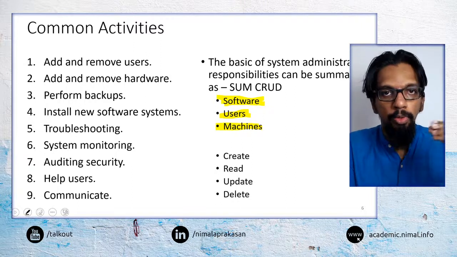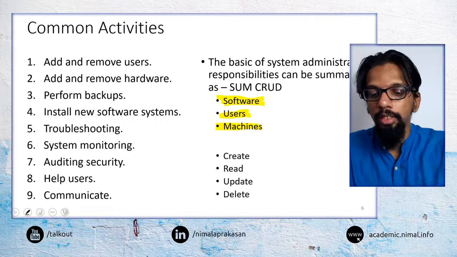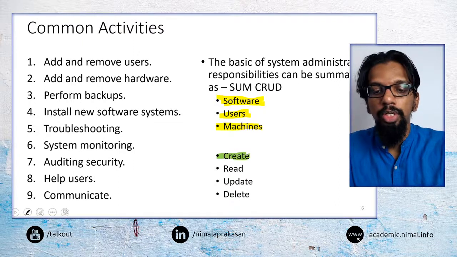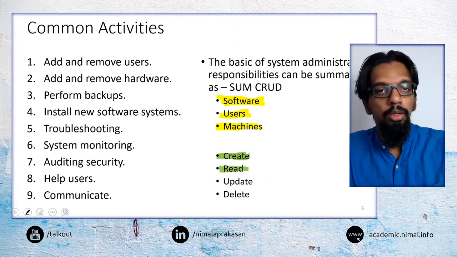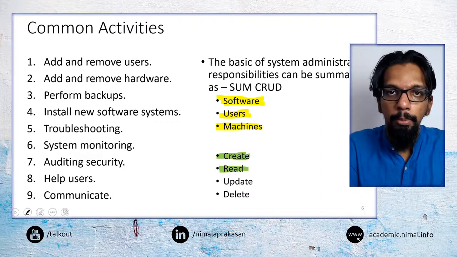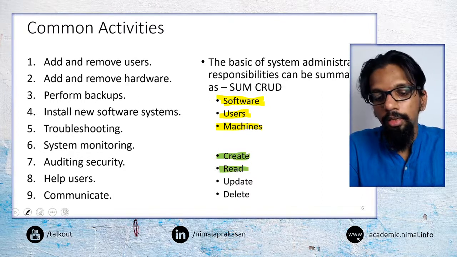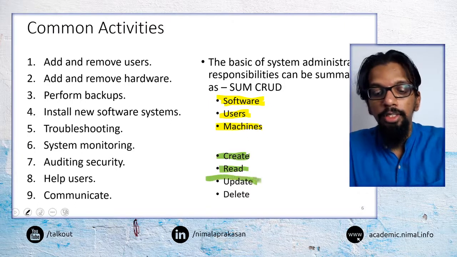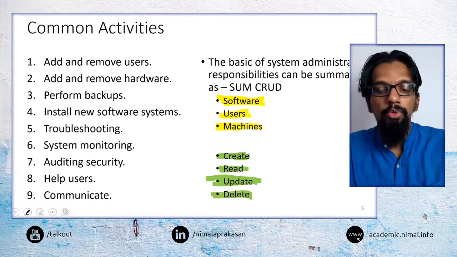Then in terms of all those things, they may do things relevant to creating, like creating a user account or something like that, reading or getting information. So these are things like backups or reading things that are there in different places, updating software, updating systems, and so on, and deleting or removing again.